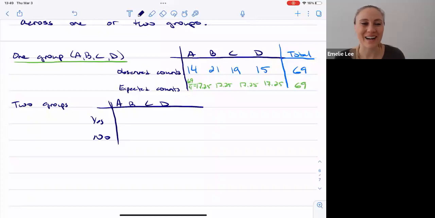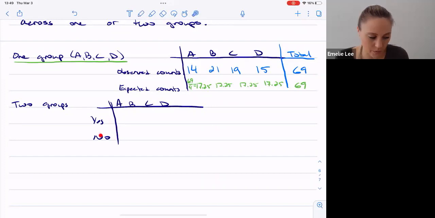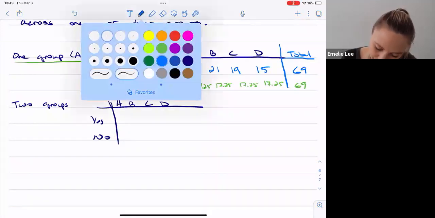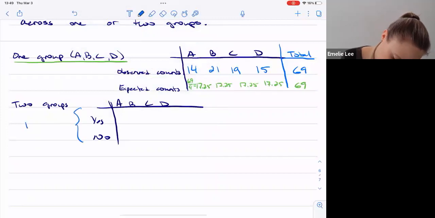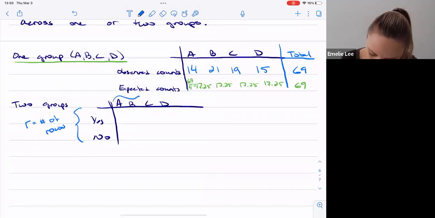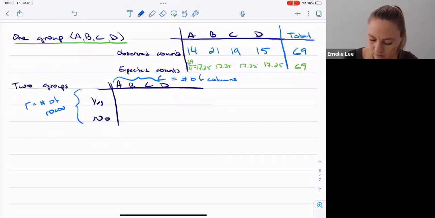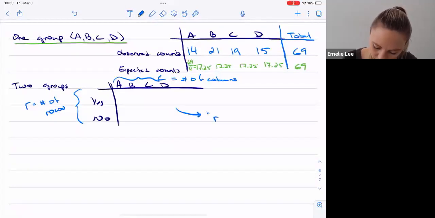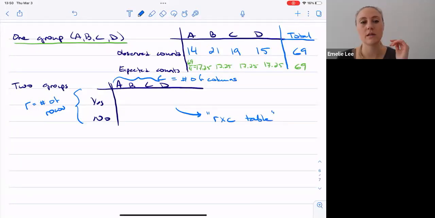Right, so now I have some number of rows and some number of columns. R is the number of rows and C is the number of columns, and this is what we call an R by C table. You always read it as the rows by the columns, and oh my gosh, I think I'm out of time.